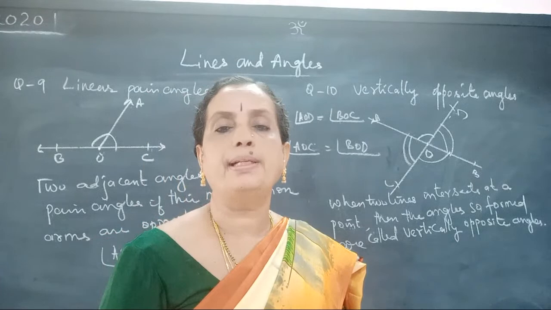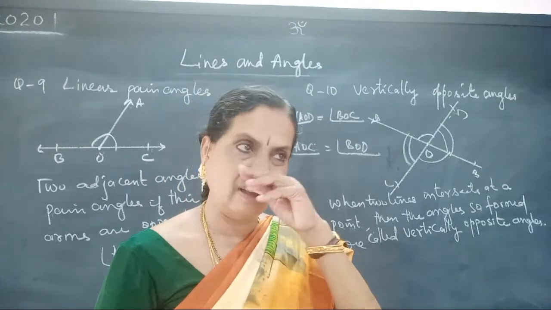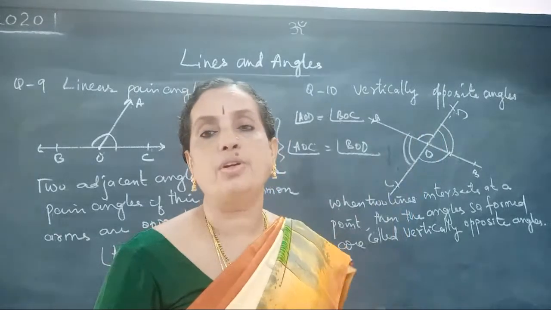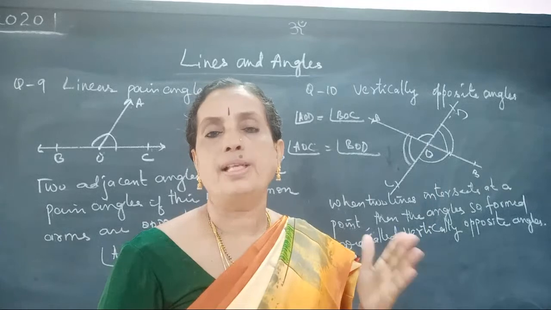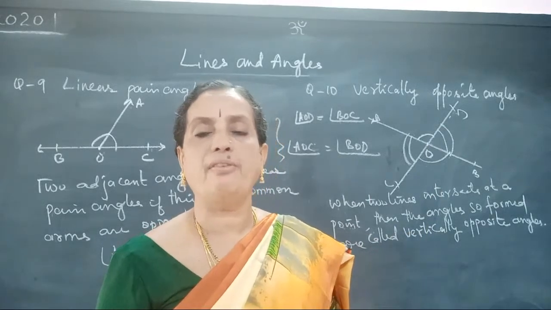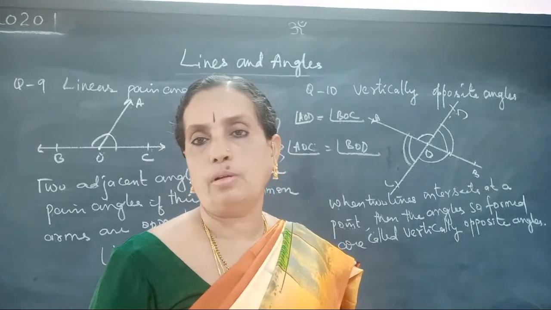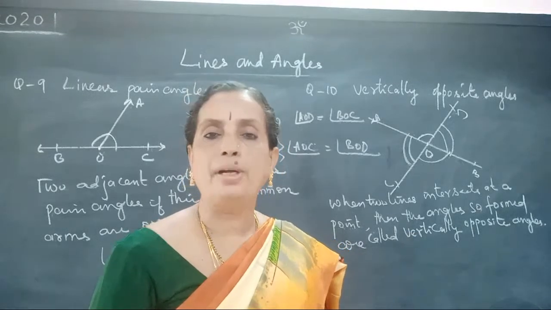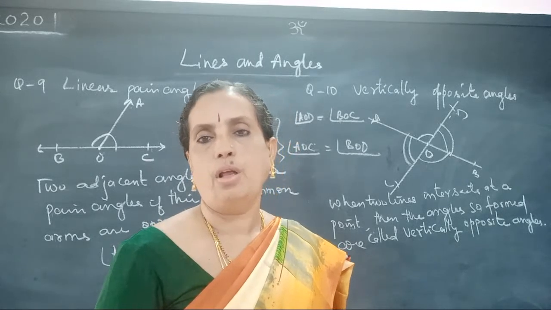You have to repeat and confirm the definitions, because whenever a figure is given you have to identify what type of angle it is, what its property is, and how it differs from other angles. All those you have to keep in mind to solve or to prove. So the geometry part is full of definitions and proofs.